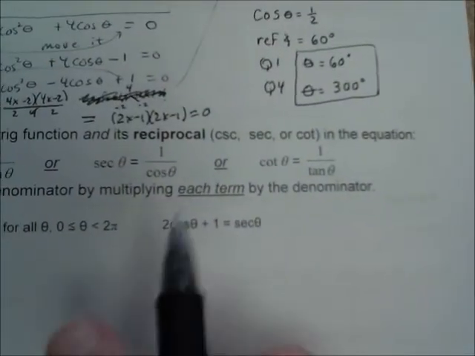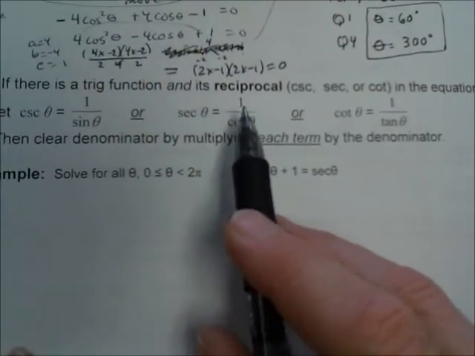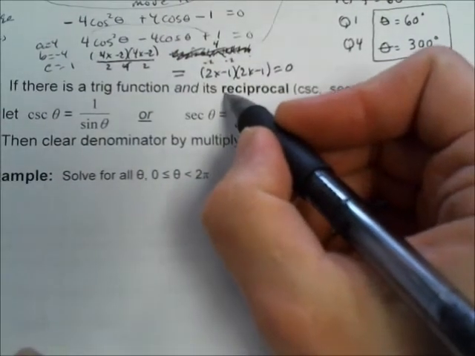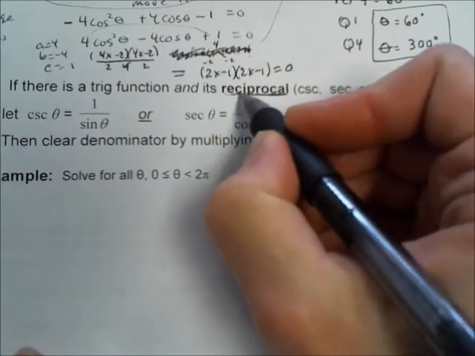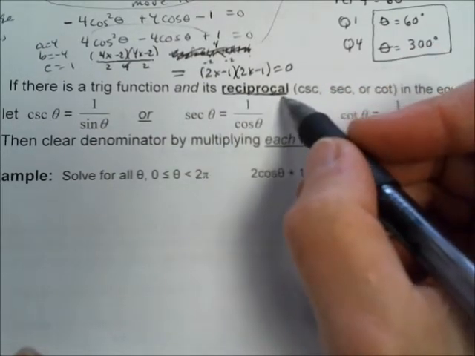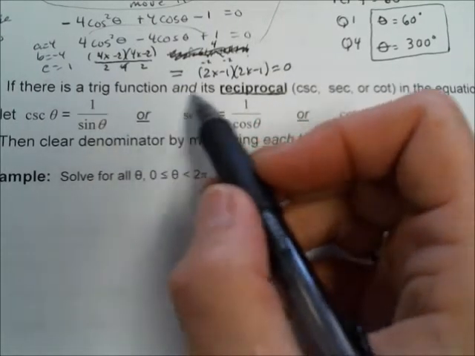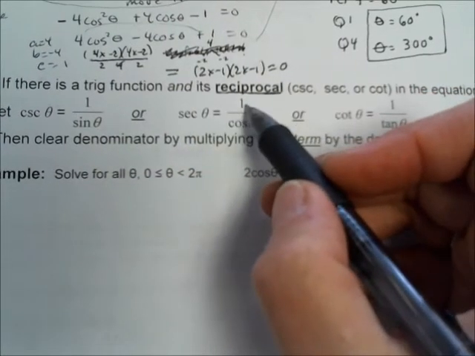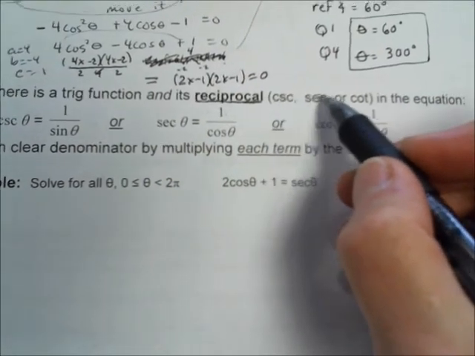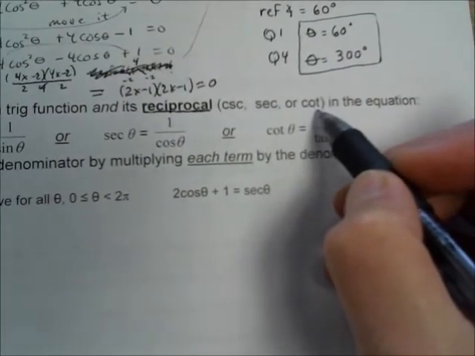All right. The last one, part B. Now we're going to talk about a reciprocal trig function being involved in an equation that has the original trig function and its reciprocal. So remember, the reciprocal trig functions are cosecant, secant, and cotangent.